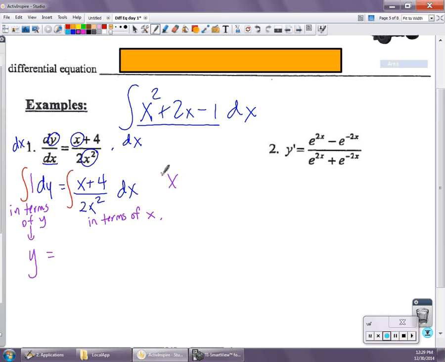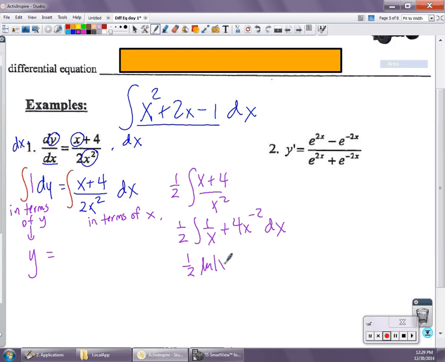On the right-hand side, let's pull the 1/2 out front. This is my scrap work over here. 1/2 times x plus 4 over x squared, which is 1/2 the integration of 1 over x plus 4x to the negative 2 dx. That's the same thing as 1/2 ln absolute value of x.